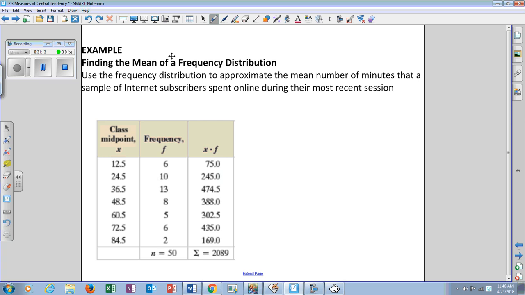In order to find the mean number of minutes, you do this sum, 2089, divided by the total number of the frequency, which gives you 41.78.